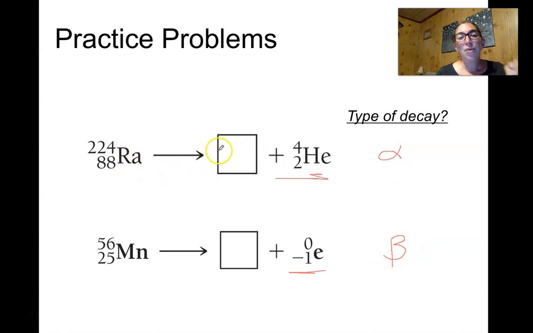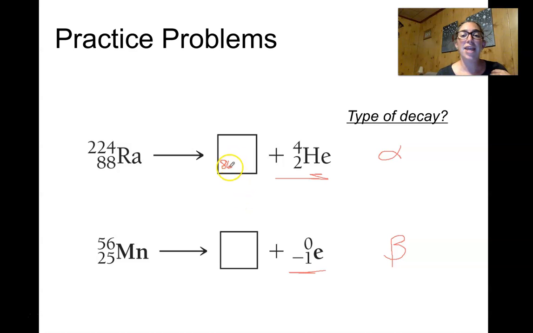But now we need to figure out what the product is, the daughter nucleus, if you will. So what we're saying in this first problem is that radium, Ra, radium-88, is losing 2 protons, okay? And so the new number over here is going to be 86.